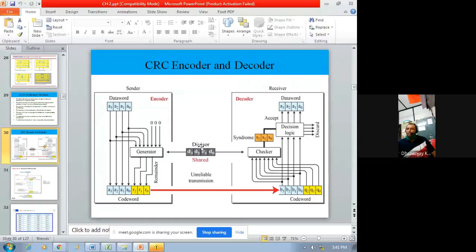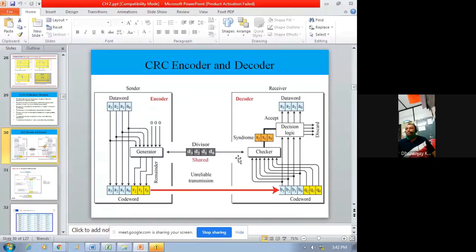The number of zeros added depends upon the total length of the divisor. So if the divisor is 4 bits, then 3 bits of zeros we add to the data word, then we divide by the generator and the remainder comes out as the redundant bits.